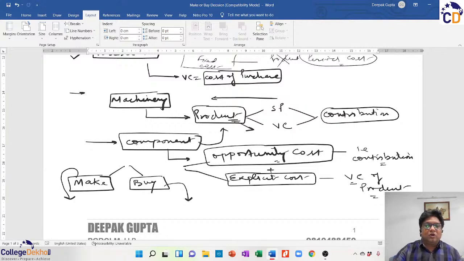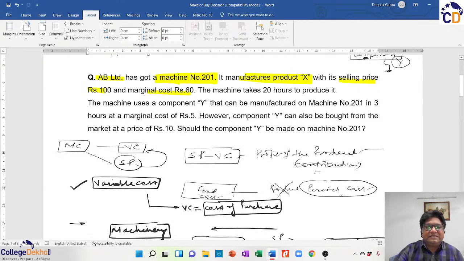So here, if I see this example, product X has a selling price of 100 and a marginal cost of rupees 60.